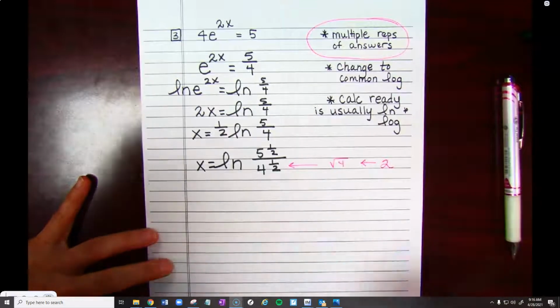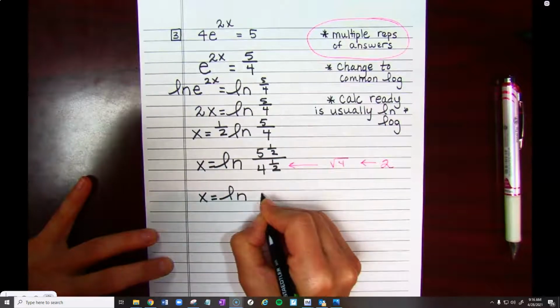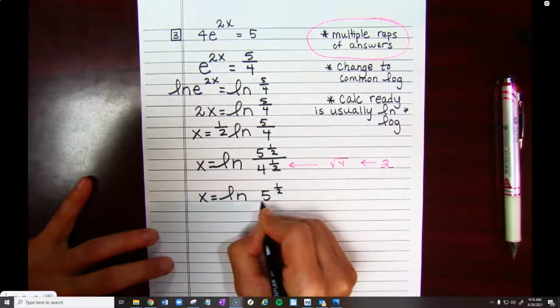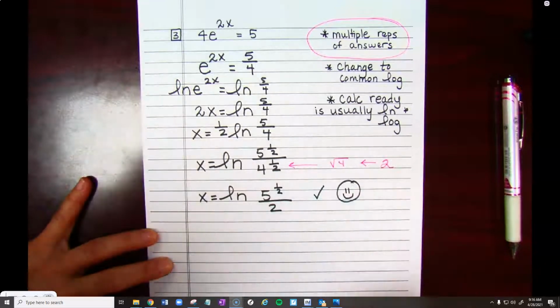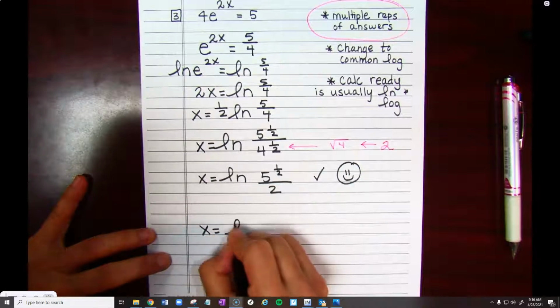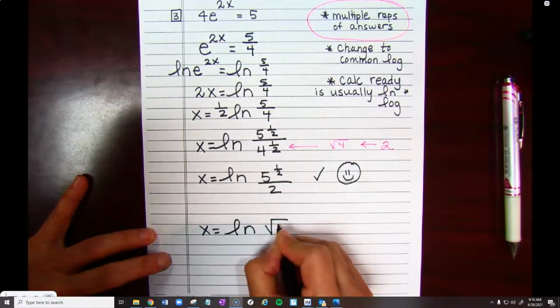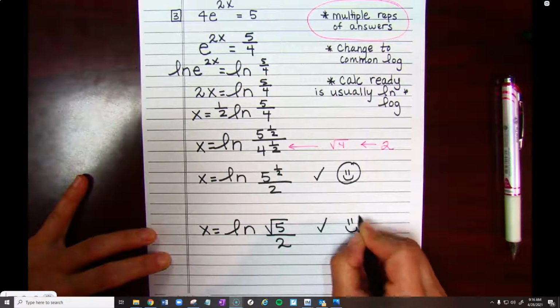So what we are really going to have here is x equals ln of 5 to the 1/2 over 2. That's acceptable. We like that. One more way that you need to write this log is you can write it in radical form. So this could be the square root of 5 divided by 2. That's perfectly acceptable also.